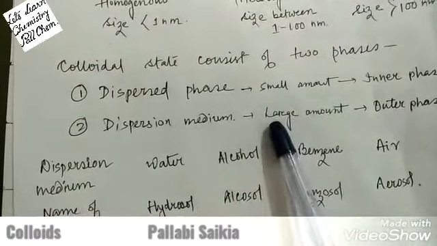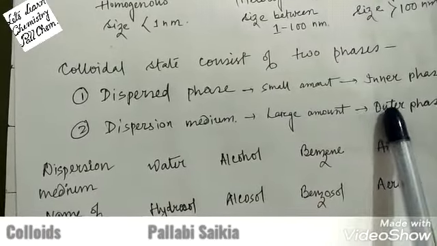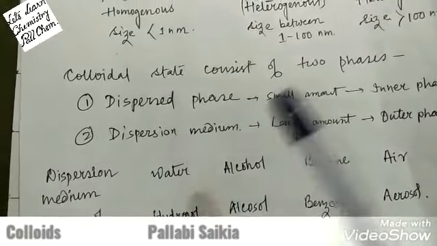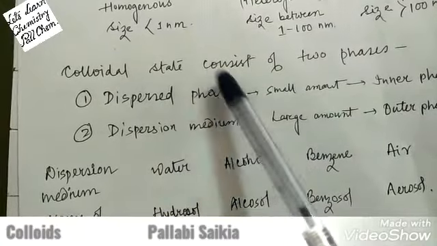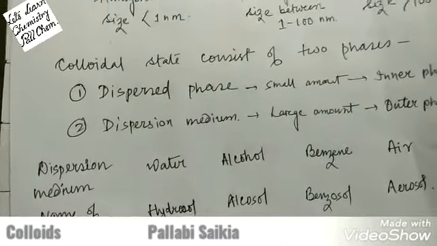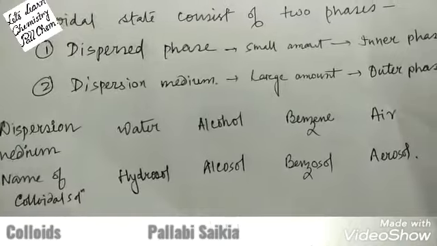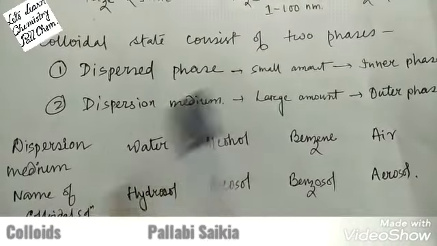And dispersion medium is where the particles are in large amounts and it is the outer phase, like in a solution where solid is mixed in a solvent. Similarly, disperse phase is mixed in dispersion medium. Depending upon the dispersion medium, the names of the colloidal solutions are different.